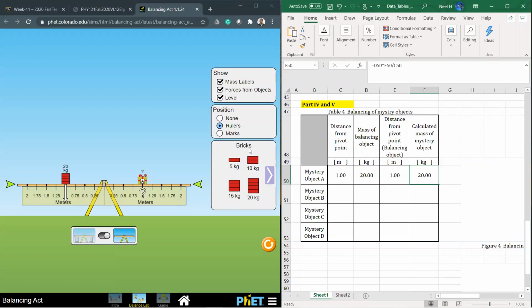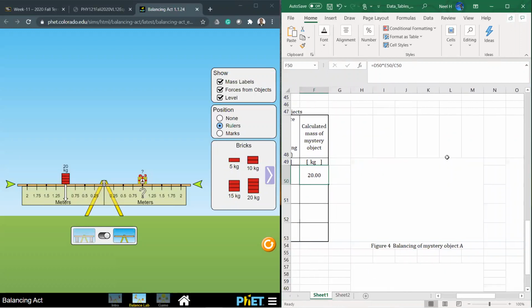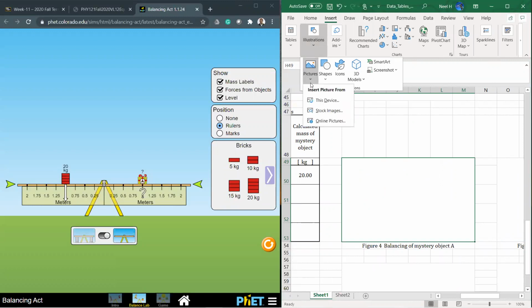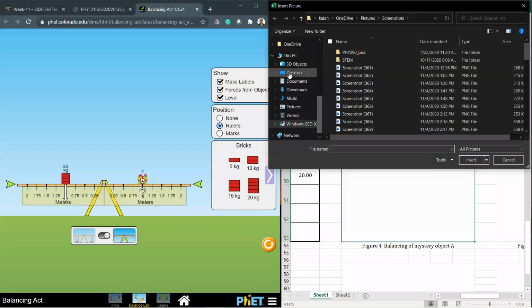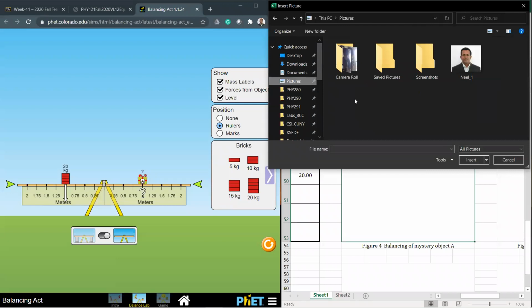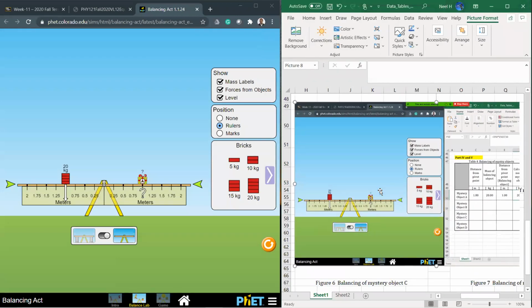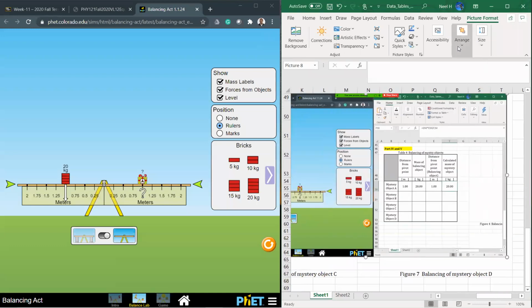And then you can take the screenshot. That is the screenshot we can add here. We'll add all 4 screenshots, okay? Any question? All right, then let's go. It's the same thing technically. There's nothing new to do, but we will try that with the other few objects. There are 3 other unknown objects, okay?